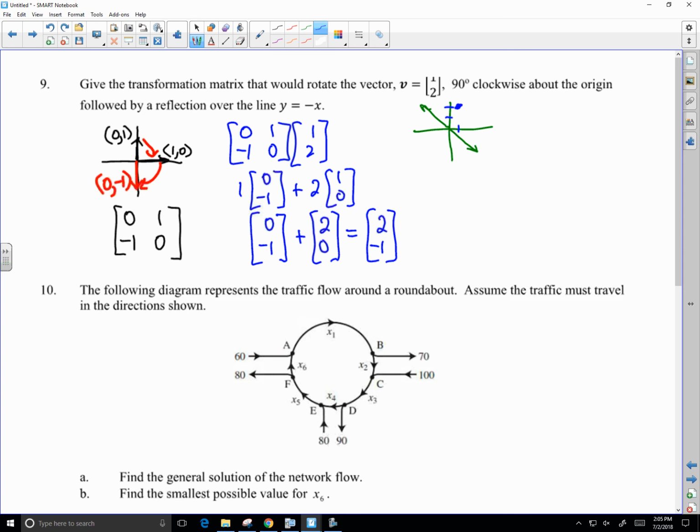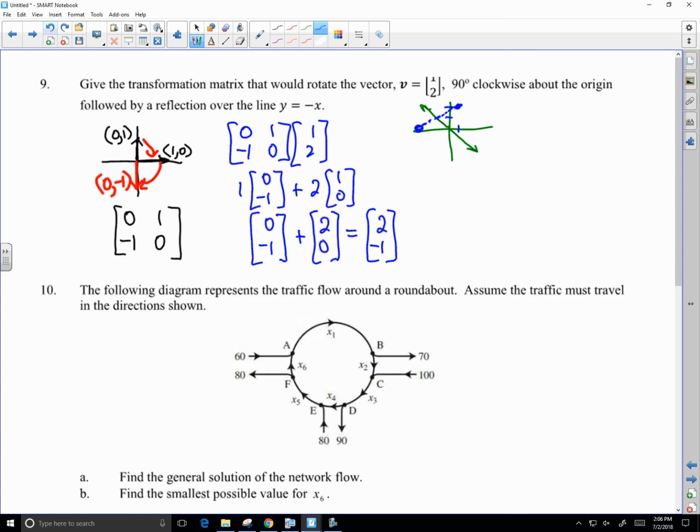If I were to flip it over that line, I'd be looking at the straight line distance between the point and the line, and then I would want to go the same distance in the opposite direction. So something like that. It's got to be over here in this neighborhood somewhere. So it's a question of how do I get there?